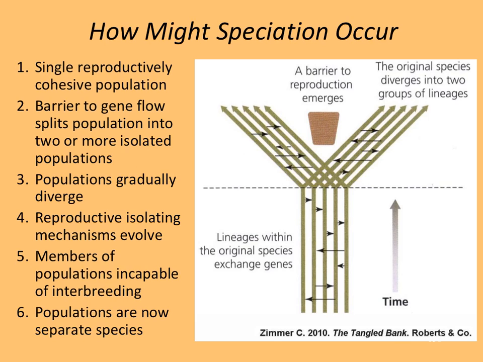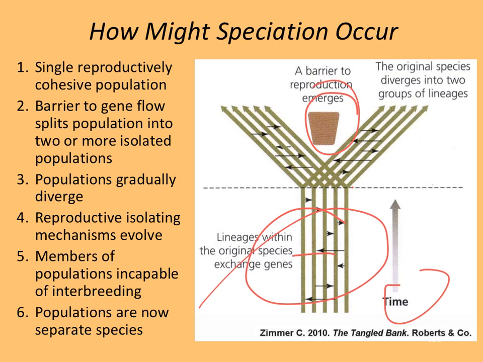We've got this one population right here, okay? And this is time. There's interbreeding between all these maybe subpopulations. But at a certain point, there's a barrier to this population.